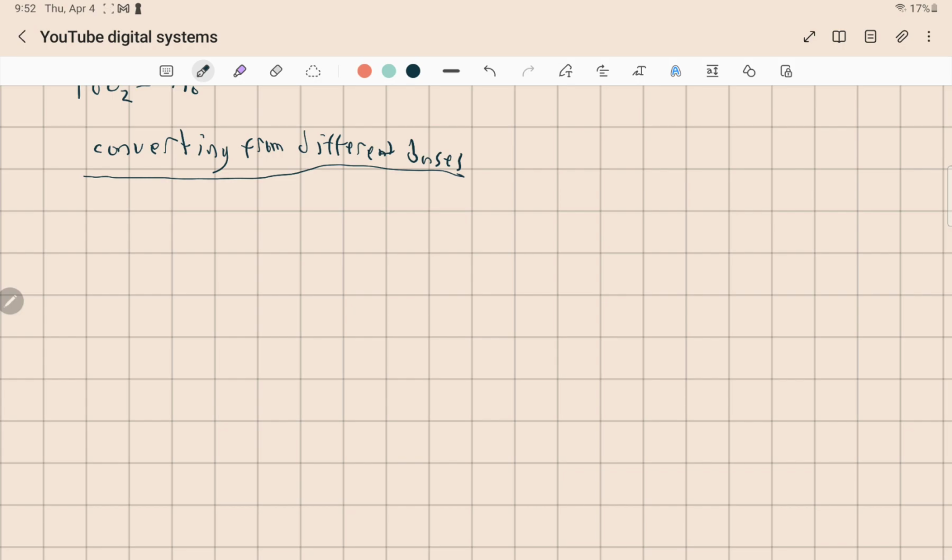Okay, so we're going to go about the slow way first. So we'll start from binary to decimal.